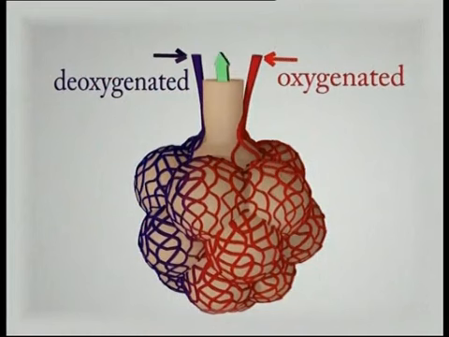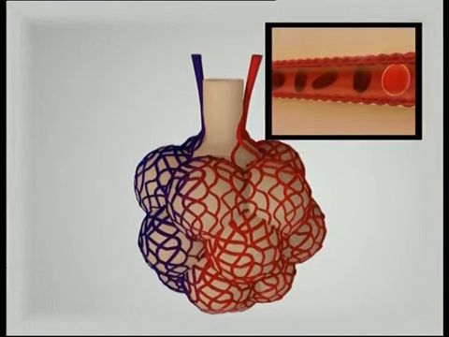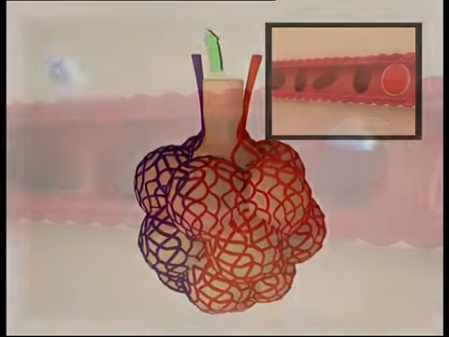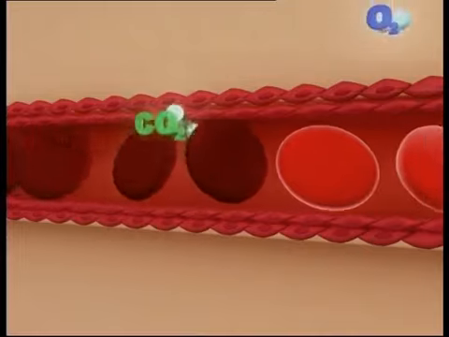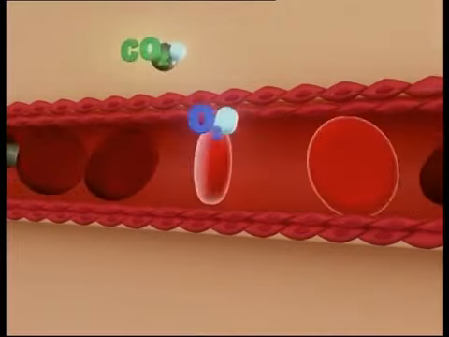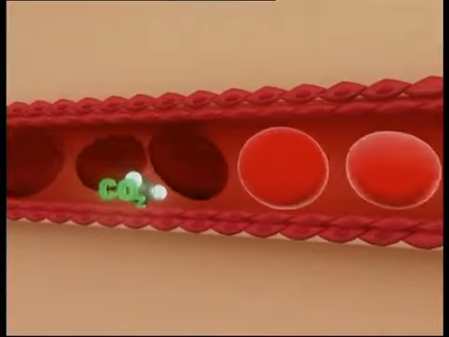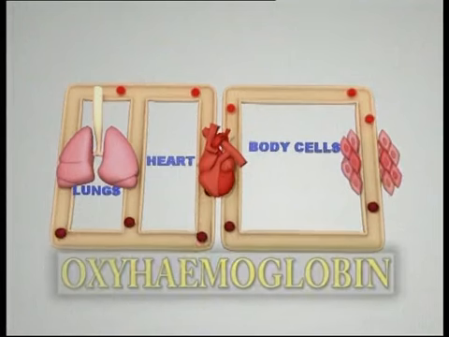It will then dissolve in the moist lining of the alveoli, which are very thin, 1 cell thick. This allows for rapid diffusion of oxygen in the blood capillaries. In the blood, oxygen is transported to all parts of the body in the form of oxyhemoglobin.